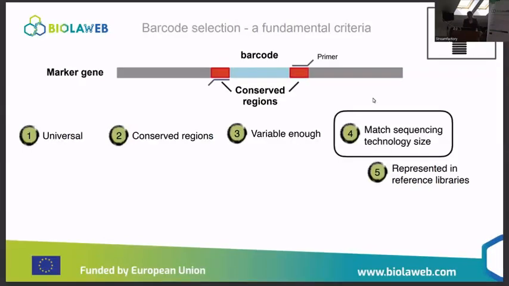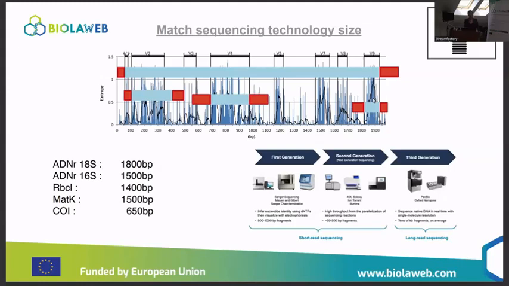Another thing for your barcode is that it matches the sequencing technology size. Here you have the rough length of the different genes in base pairs. Currently the sequencing technology allows you to have sequences of around 400 to 500 bases, so you cannot sequence the entire genes.